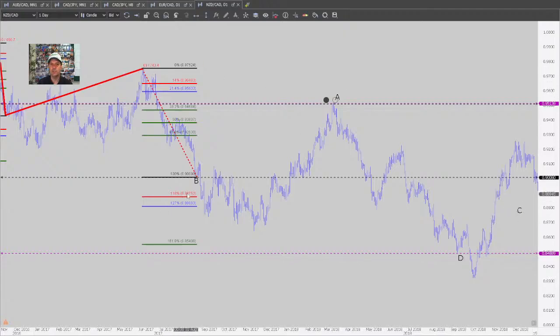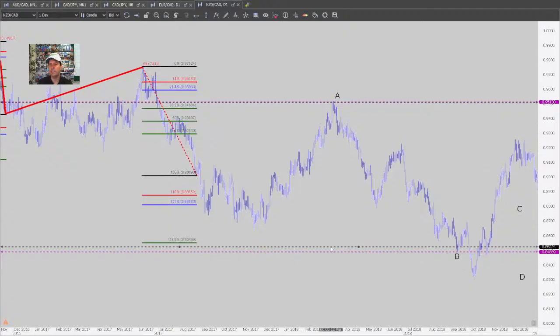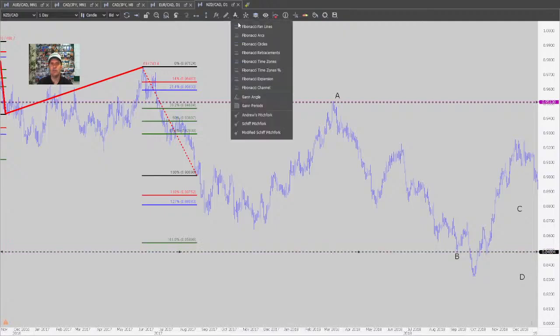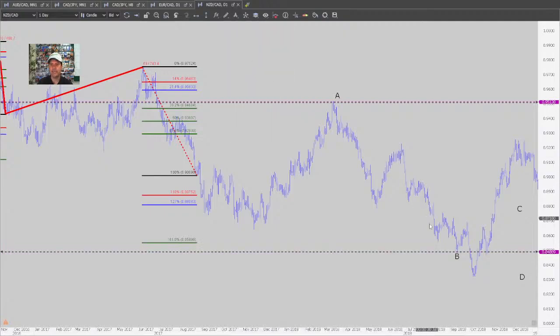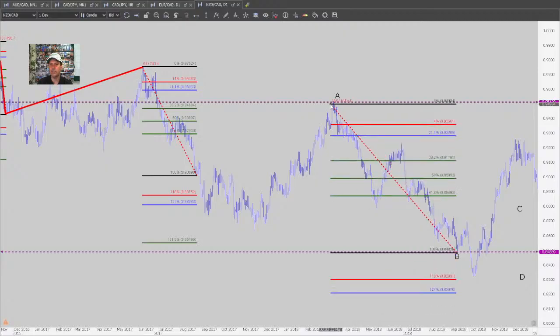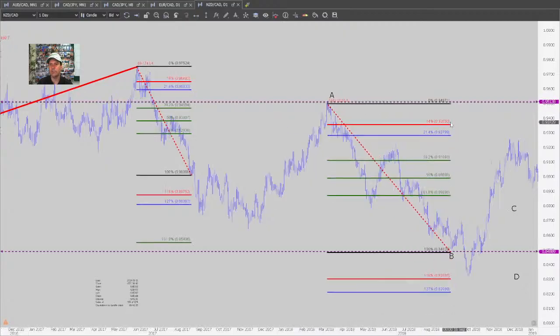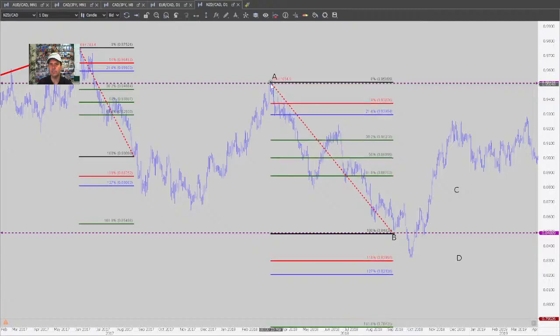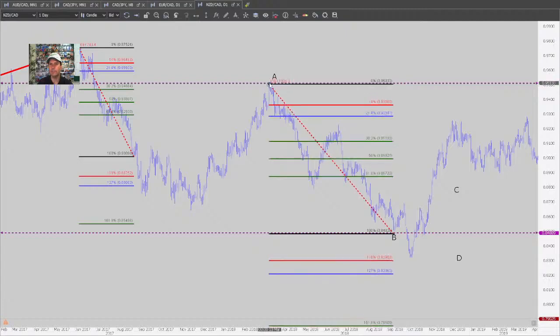A goes to C, B goes to D. D down in here, B goes to D, and we have a new down Fibonacci sequence on the NZDK daily chart. And as always, repeatable, right? We're going to repeat the process. It's always the same.